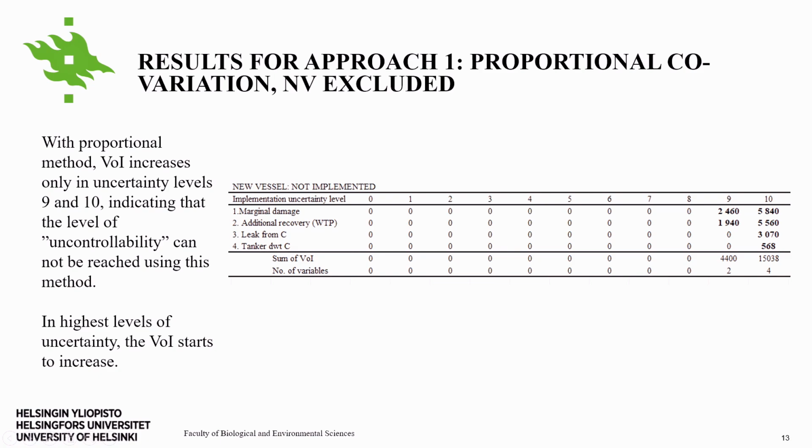We can see that we don't have value of information with only the alarm system, and for this method only at the highest level of uncertainty, where mostly we have one accident per year and can't really control it. So this does not represent no control in the distribution, like I assumed. The value of information increases for the higher levels of uncertainty.